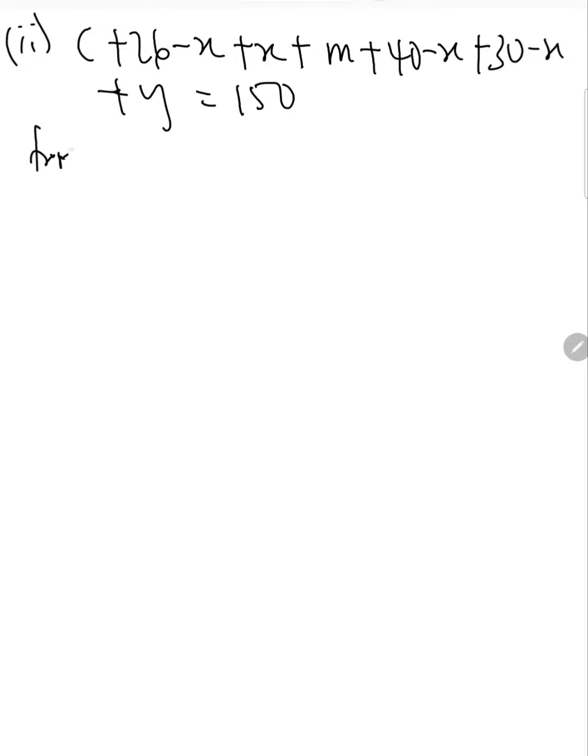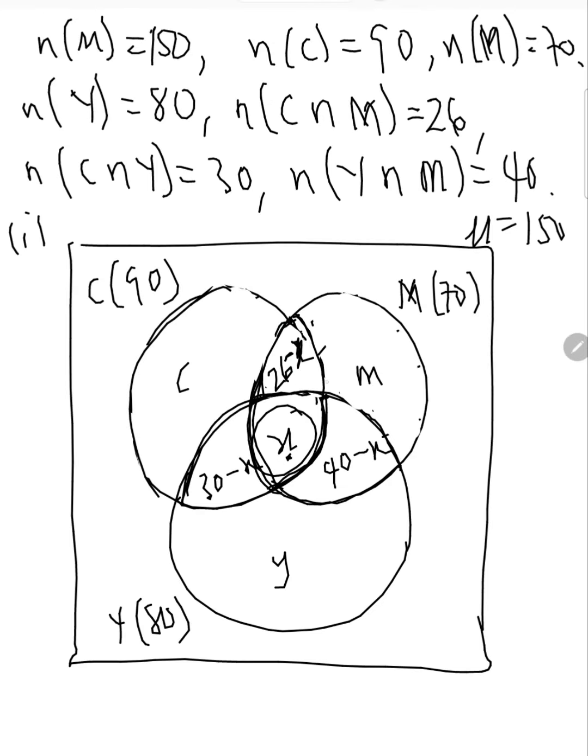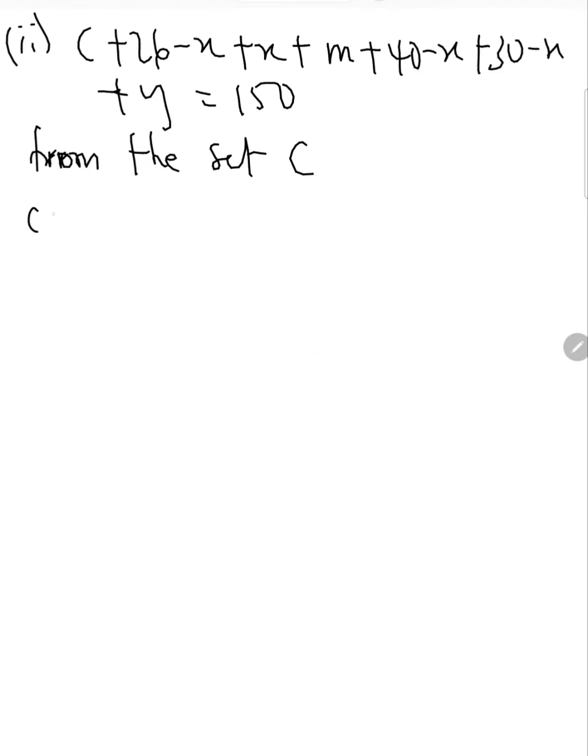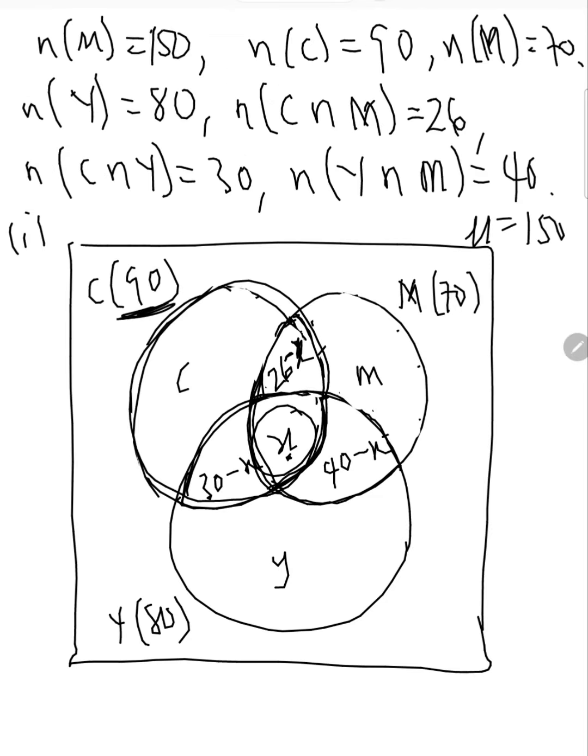So from the set C, I'm looking at the cassava set, which has a total of 90. So when we add the members in the cassava set, which is c plus 26 minus x plus x plus 30 minus x, we should get 90. Yes, why? Because the total is 90.